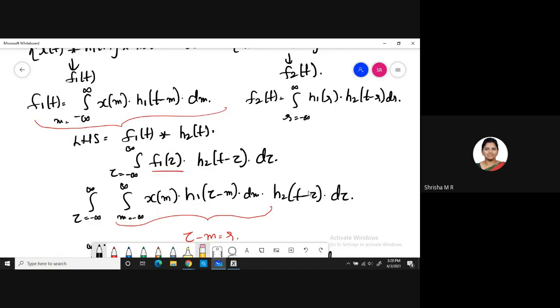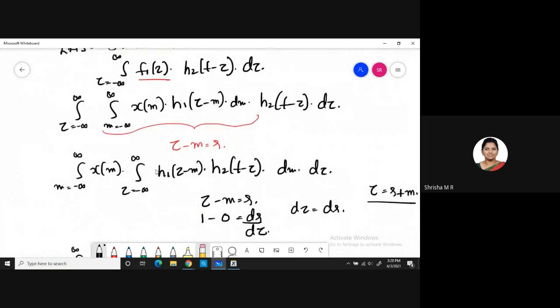And this term is as it is, h2 of t minus tau into d tau. Now put the x of m term on one side and the integral with respect to tau on the other side. So integral m equals minus infinity to infinity x of m into integral tau equals minus infinity to infinity h1 of tau minus m into h2 of t minus tau into dm into d tau.